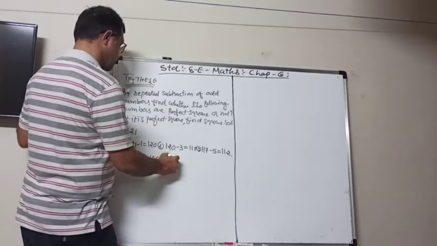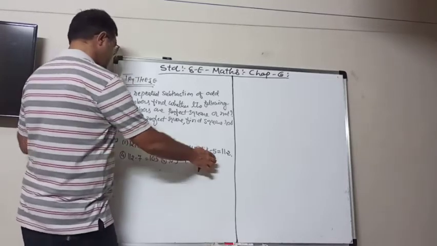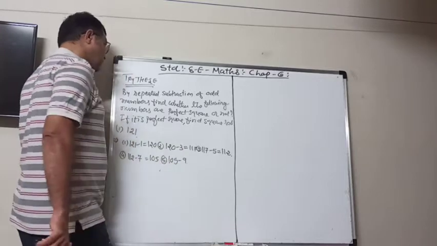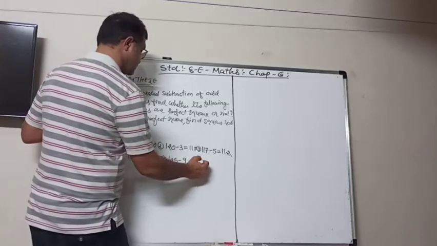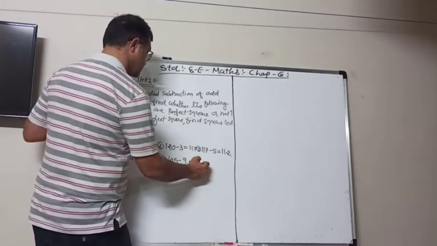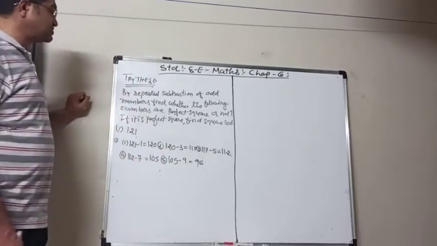Fifth, 105 minus 9, counting odd numbers 1, 3, 5, 7, then 9. So it will be 96.